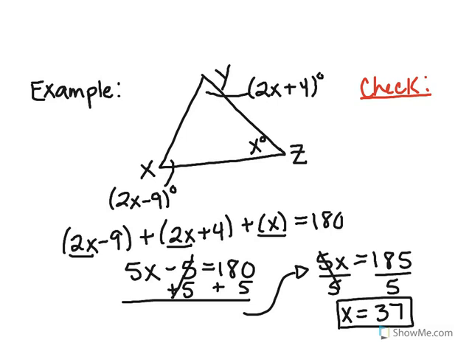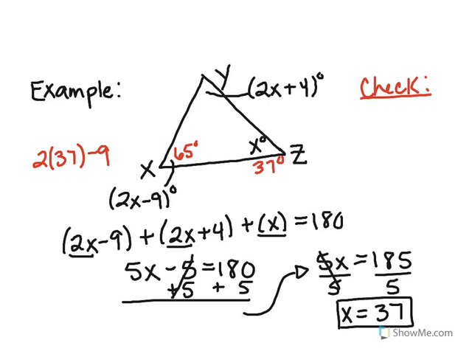So let's check out angle x first. That means this would be 2 times 37 minus 9, which happens to be 65 degrees. Angle z is just whatever x is, which is 37 degrees.